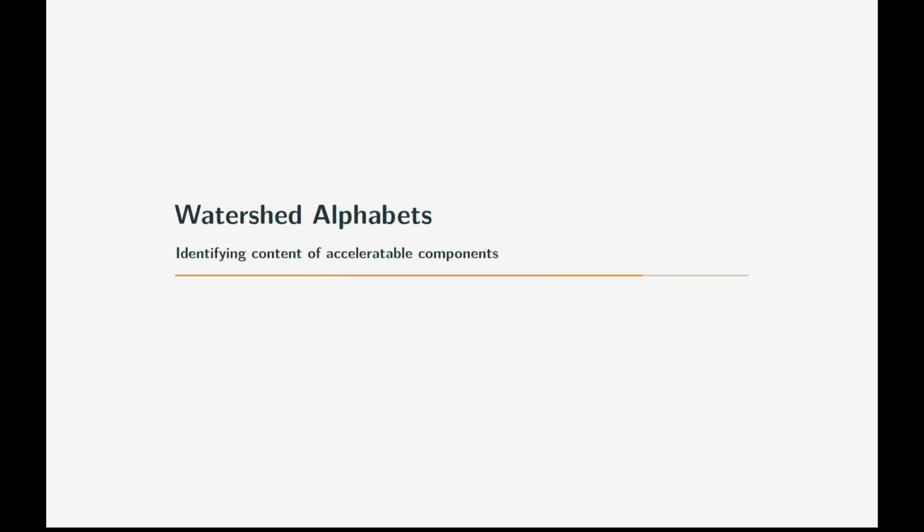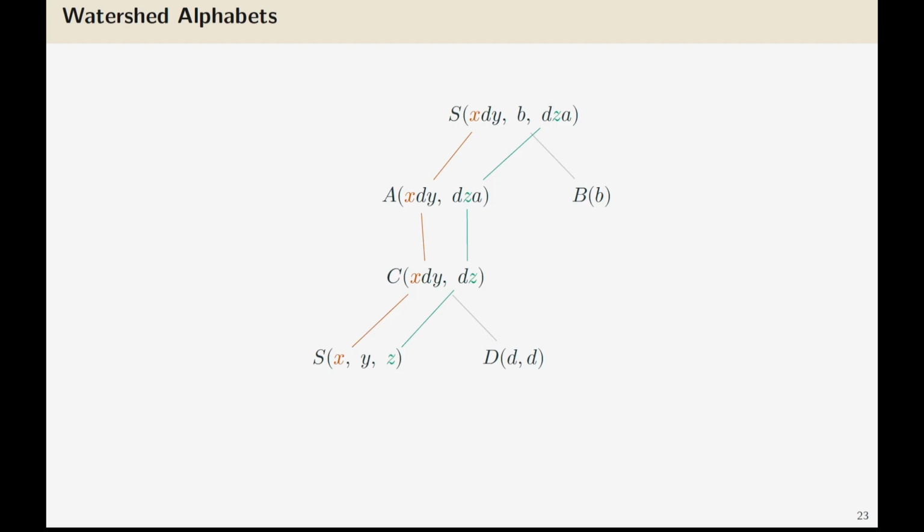Okay, so we know where we want to accelerate. We don't really know what to put into these accelerated components. For this, I'm going back to this derivation tree and imagine, okay, now we're looking at just the fixed points of these embeddings. So the X and the Z, because that ends up in the first and the third component respectively in the top. And now let's look at the D on the right, for example. We can see that the first D of that D non-terminal joins the X in the C non-terminal, and it joins from the right.